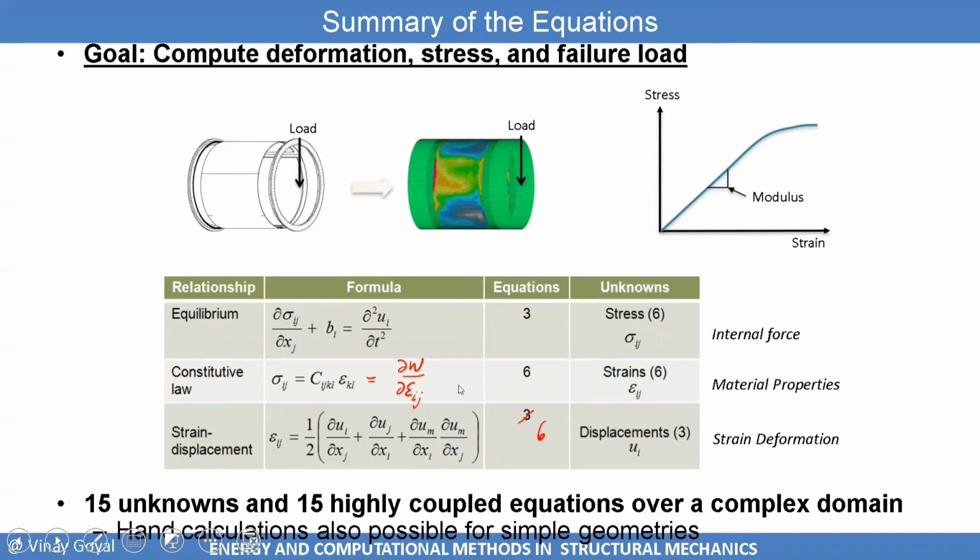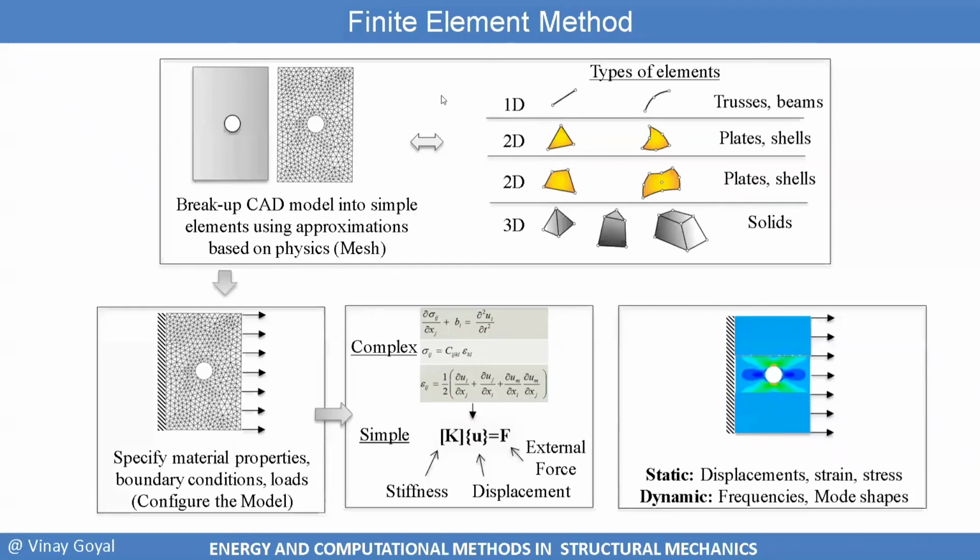The way we're going to approach solving this problem is to take a body of material and break it up into small elements. Then we're going to solve these equations in these small elements.